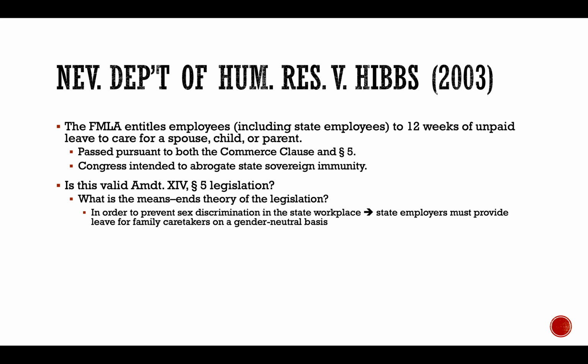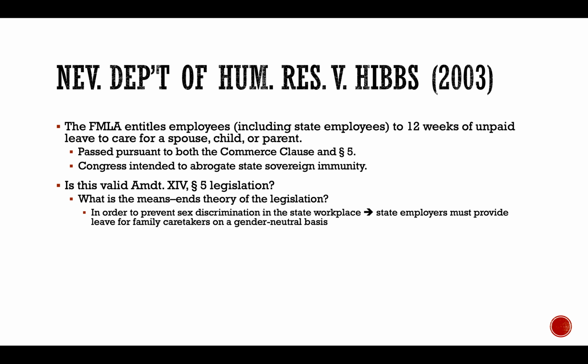So the idea is sex discrimination is unconstitutional as a violation of the Equal Protection Clause. Section 1 of the 14th Amendment says that states cannot deny any person the equal protection of the laws. If states engage in sex-based discrimination, that's unconstitutional. So Congress has the right under Section 5 to remedy or prevent sex-based discrimination by the states.